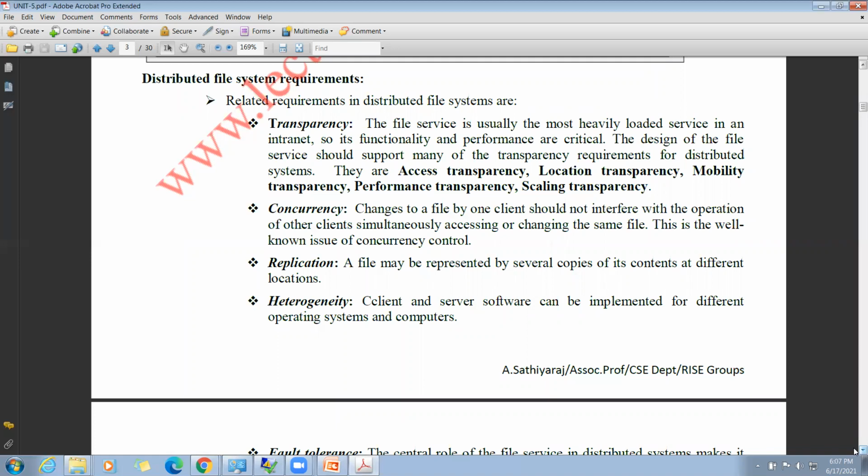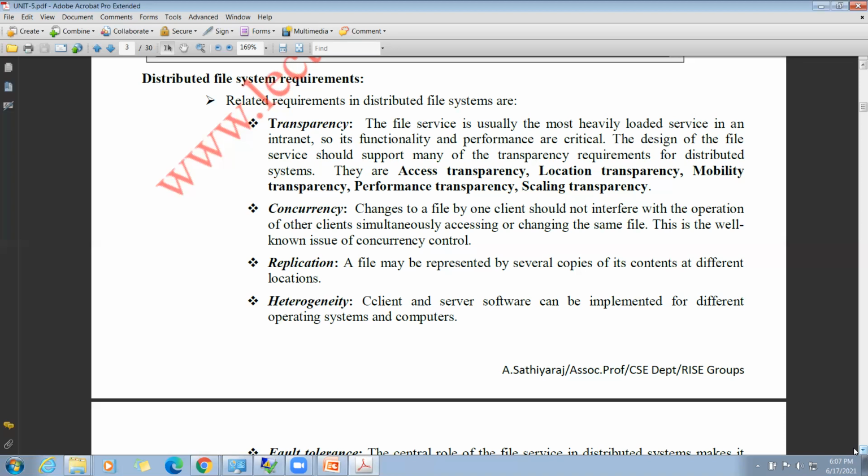Here we are having the file service, usually the most heavily loaded service in the intranet. So its functionality and performance are critical. As I told you on the previous page, with respect to performance, it was very critical because the file system is heavily loaded.